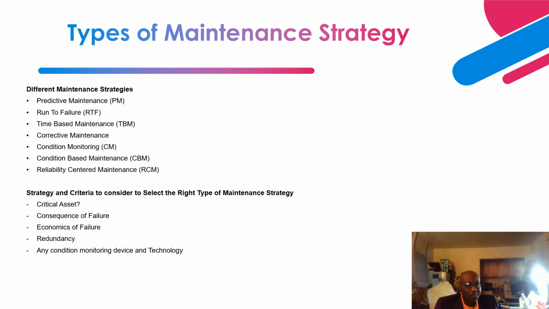Next is condition-based maintenance. Condition-based maintenance goes a little bit beyond that. It is based on a list of factors. You implement it to change the time-based maintenance for this equipment. Let's say you have a power transformer that has been slated for time-based maintenance of 6 years, and you are implementing condition-based maintenance.